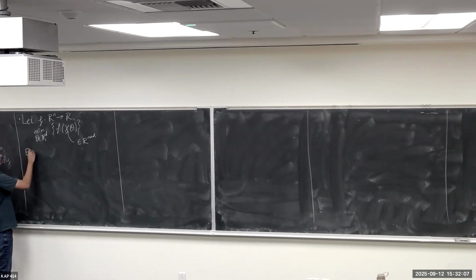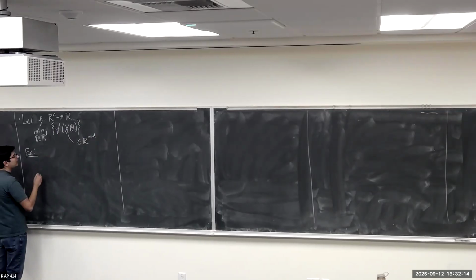This specific class of composite optimization problems already encompasses some fairly interesting examples. For instance, one of them is maximum likelihood estimation for a generalized linear model.